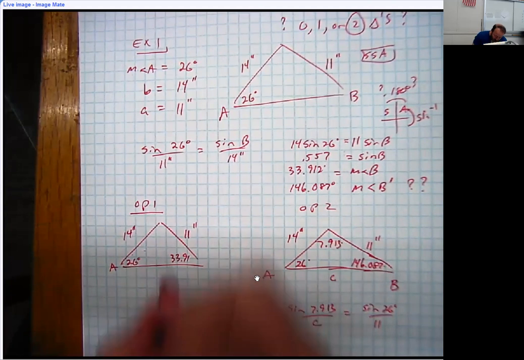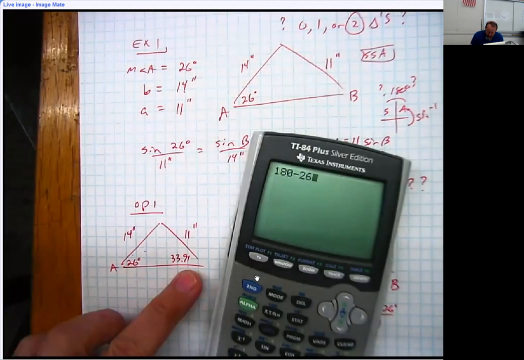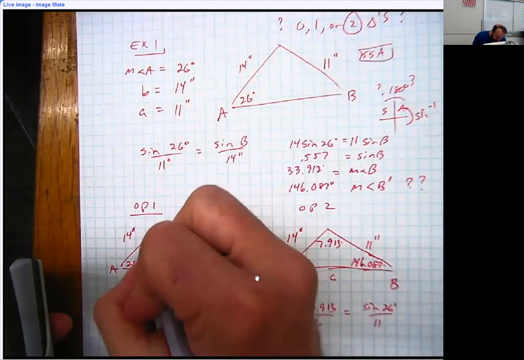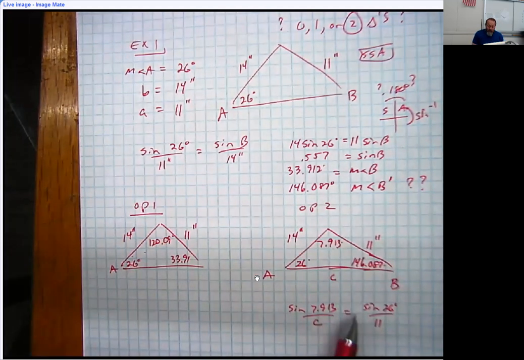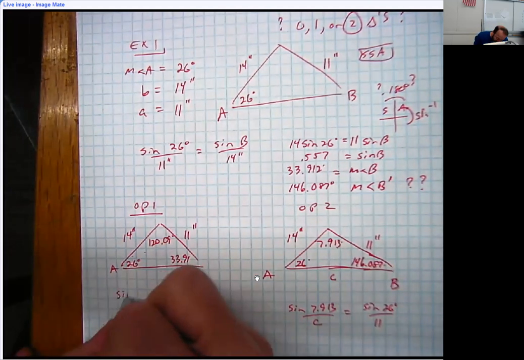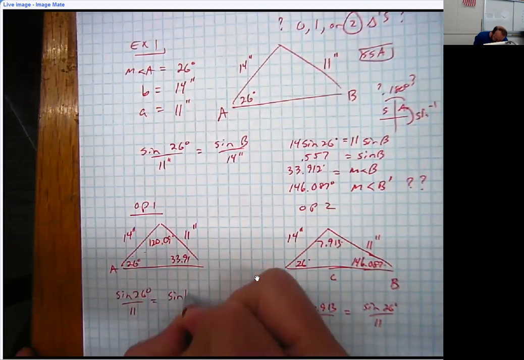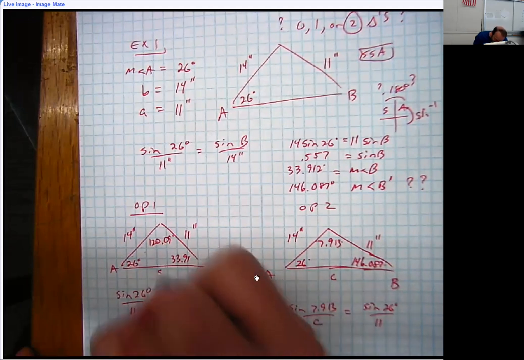So in this particular one, let's see, we had 180, we lose 26, and then we lose 33.91, and we're at 120.09 degrees. Now clearly, if this one works, so will this one. So I could again say that the sine of 26 is to 11 as the sine of 120.09 is to little c.